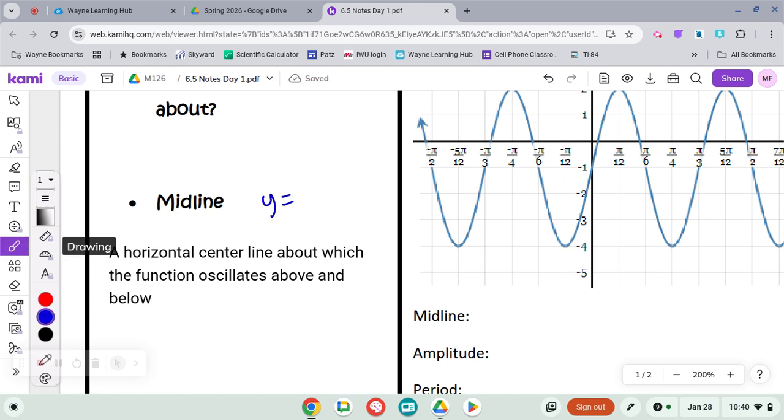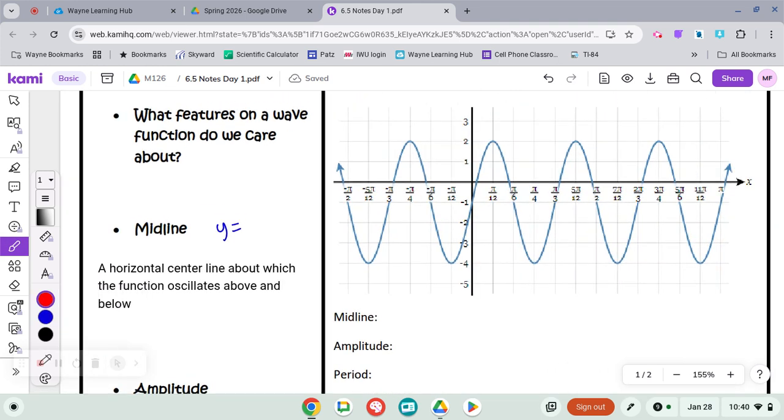Okay, so let's start by analyzing on our first graph here where this midline is. I'll draw this in red and I'll draw it dotted. If we look here, our midline for this particular graph is going to be at y equals -1. Let's talk about why that is.